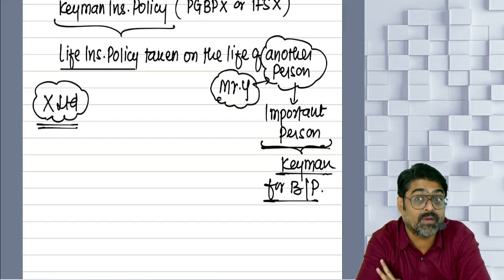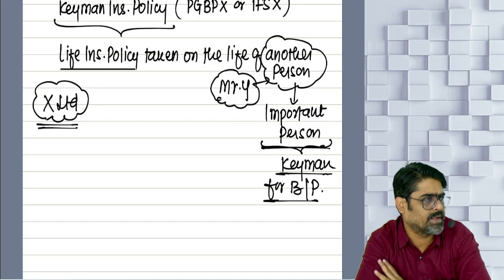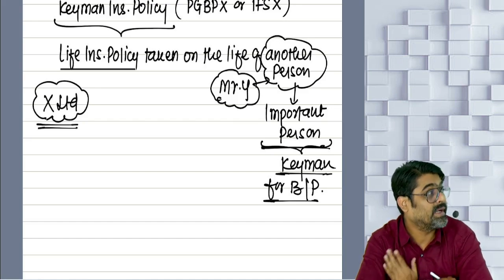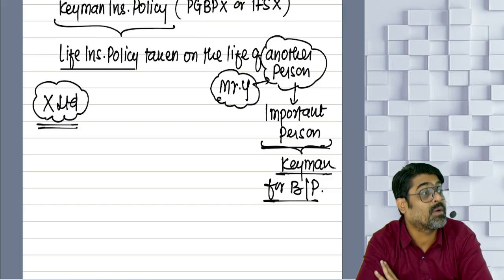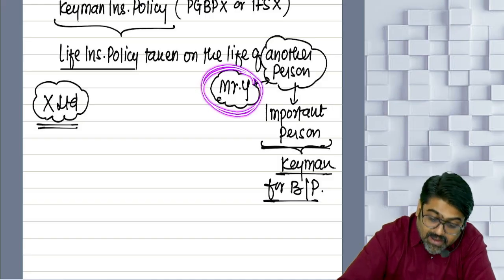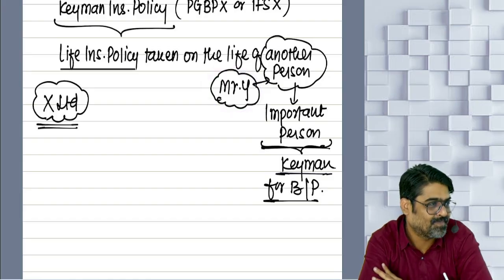Now the amount will be given to the Keyman. Or the Keyman can surrender the policy and get the amount, or on maturity the Keyman will get the amount. That amount in the hands of that Keyman will be taxable as income from salary, profits in lieu of salary, if the Keyman is my employee.